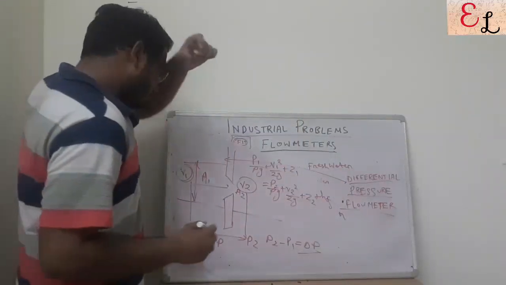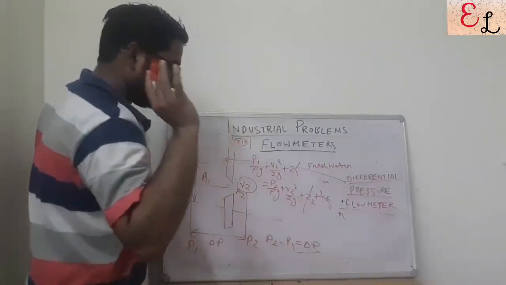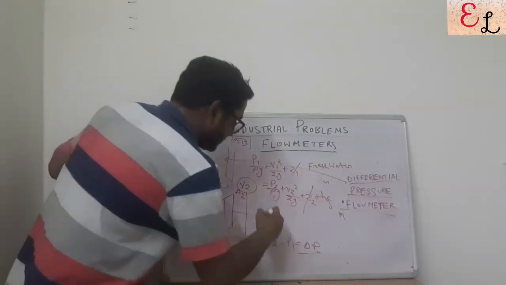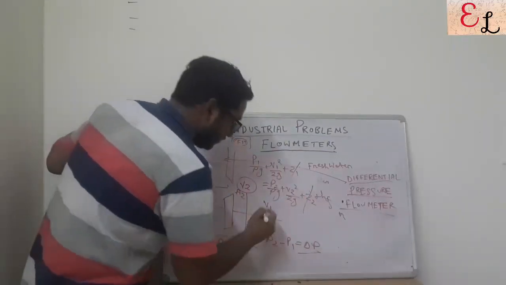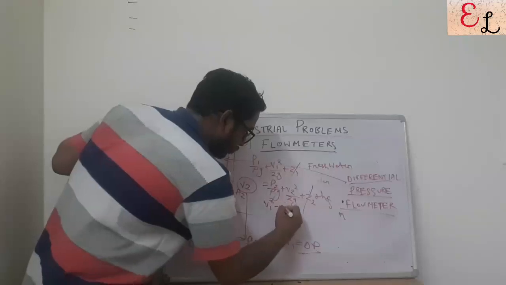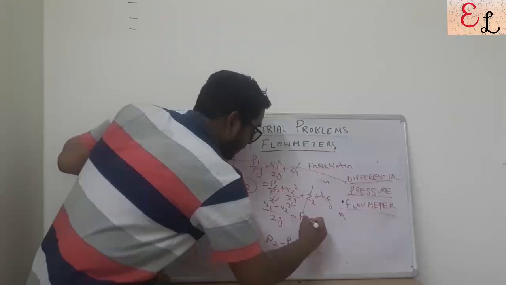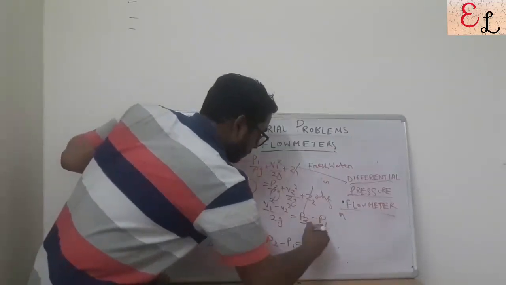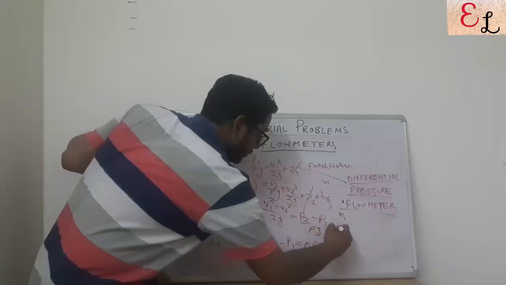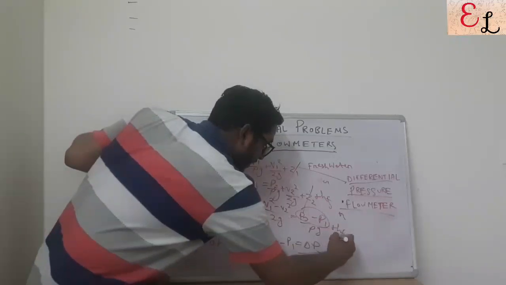You see that Z1 and Z2 are the same, so it cuts off. We bring the velocity head terms to one side of the equation, that is, V1 square minus V2 square by 2g is equal to P2 minus P1 by rho g plus HF, where P2 minus P1 is again delta P.